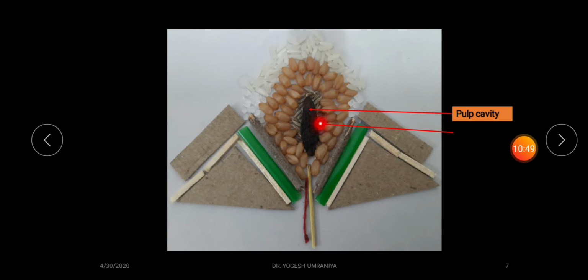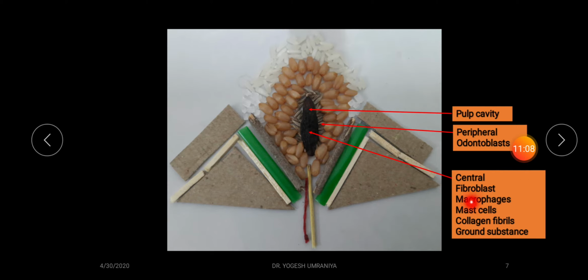On the peripheral aspect of this pulp cavity, you will find columnar types of cells, referred to as odontoblasts. Now in the central aspect of this pulp cavity or the root canal, you will find cells termed fibroblasts, macrophages, mast cells, as well as collagen fibrils, along with the ground substance. So that is all lying in the center portion of the pulp or the root canal.